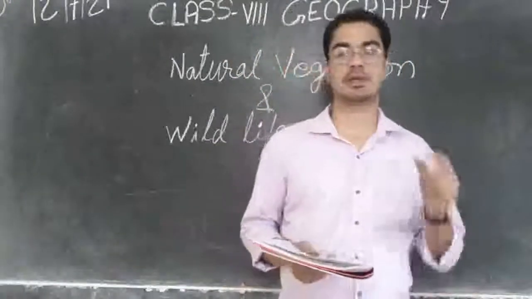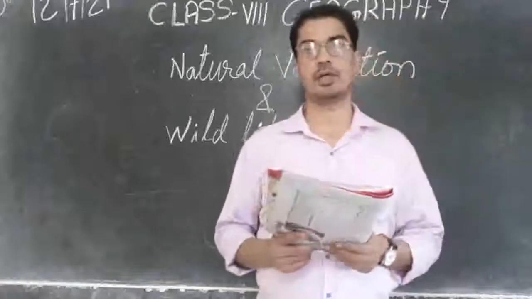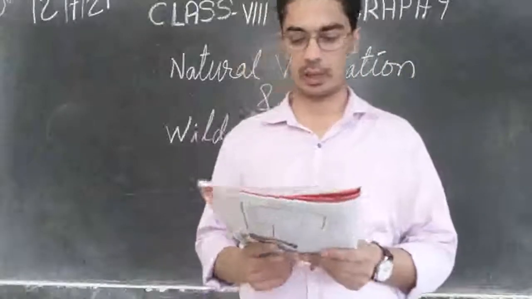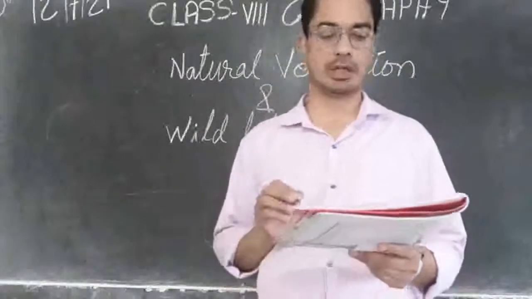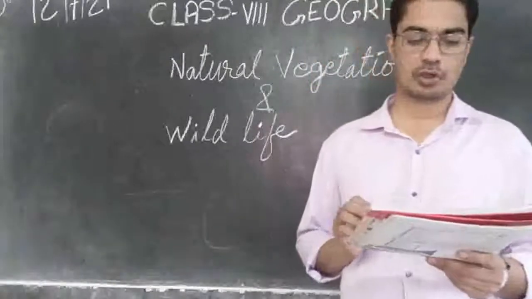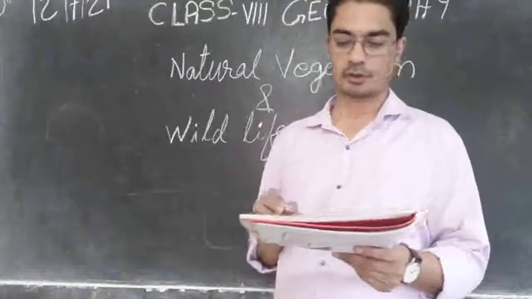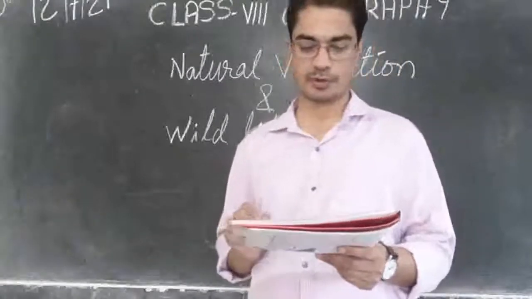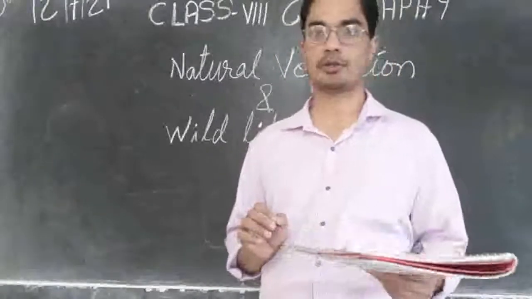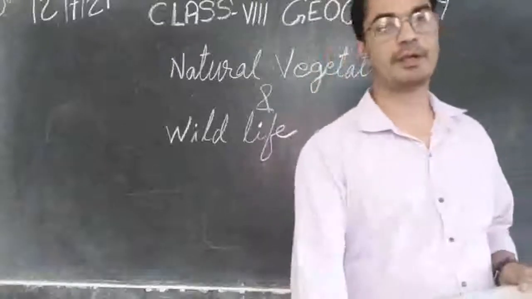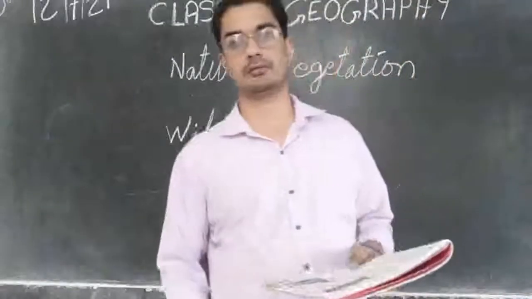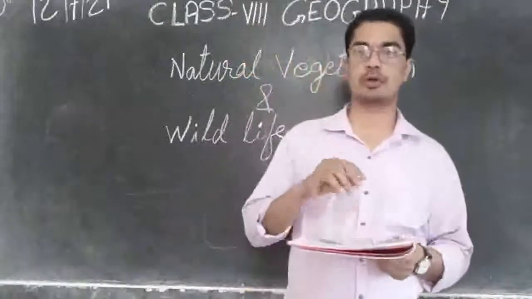Natural vegetation and wildlife exist only in the narrow zone of contact between lithosphere, hydrosphere and atmosphere that we call the biosphere. Where these trees are growing is a very narrow zone.